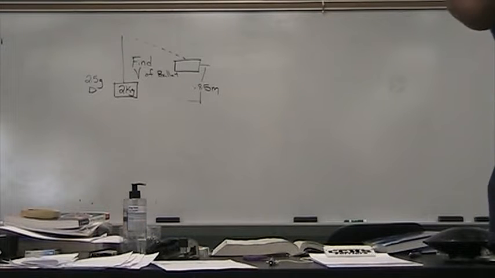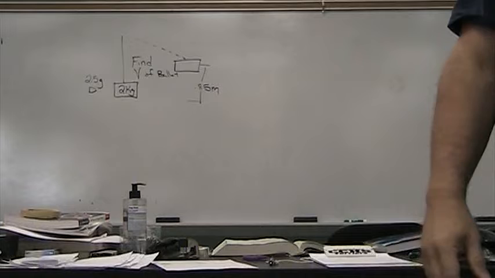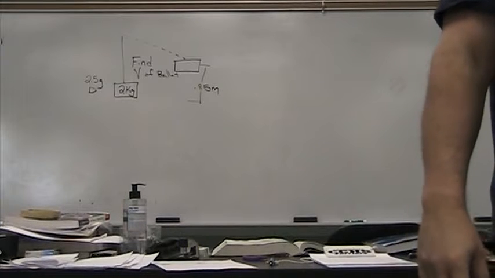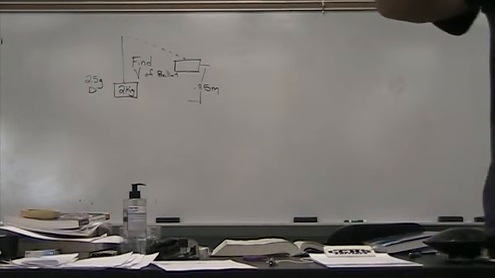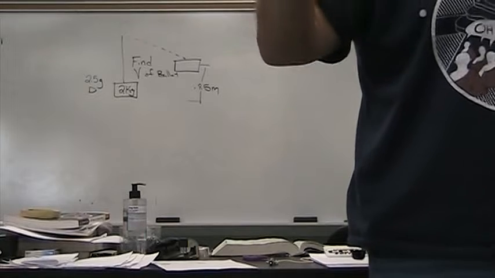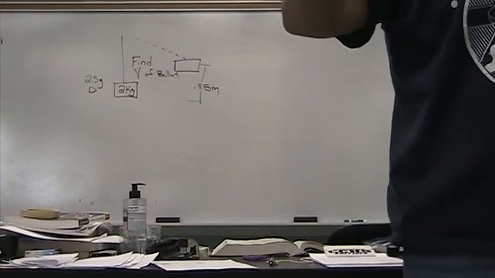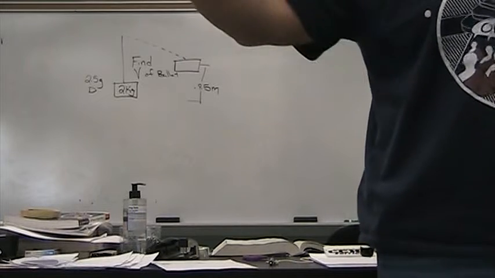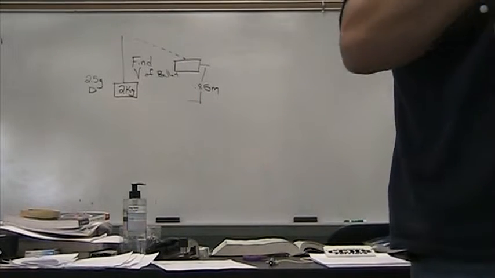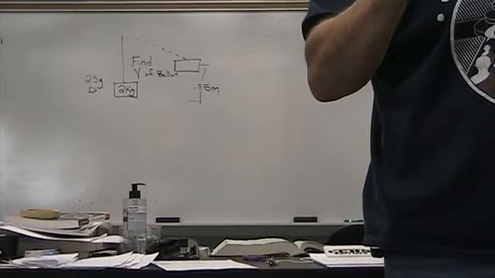Now, the cool part is we have modern technology. Now it's set on a tripod and has 2 loops, a loop here, a loop there. You shoot the bullet between the loops, okay?